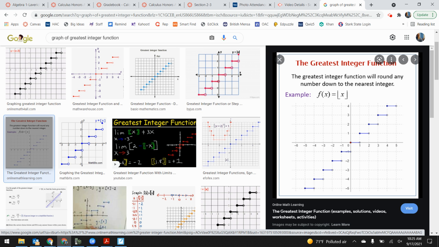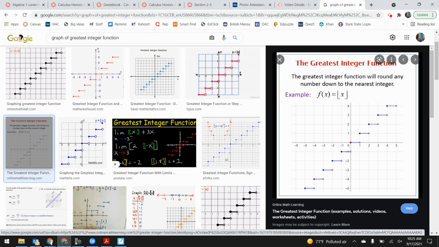If it's anywhere between negative 5 and negative 4 for the x value, like negative 4.5, it would be negative 5. It always reverts back. And notice how I have an open circle on that, right? Because as it gets closer and closer to 2 from the left side, it's going to still be reverting back to 1. You know what I mean?